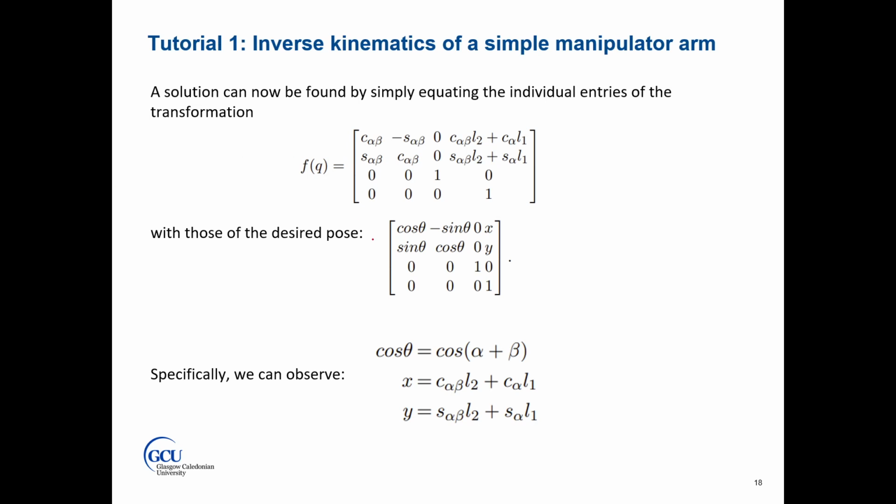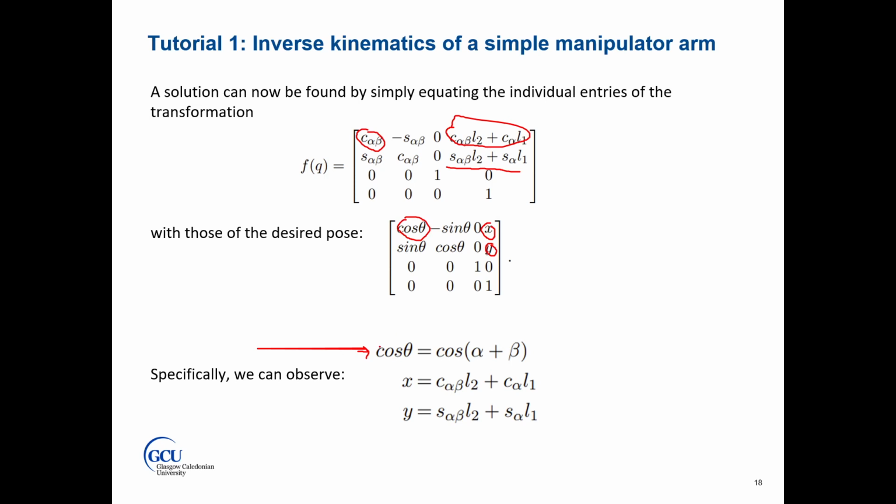For example, if we go cell by cell in the matrix, we know that cosine of theta is going to be the same as cosine of alpha plus beta, which you can see here. Then I can very easily see that x is going to be equal to this thing here, and I can also see that y is going to be equal to this thing here.